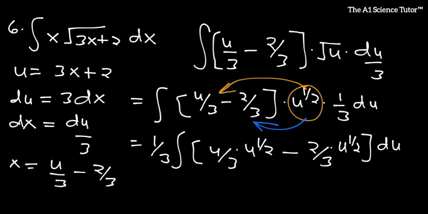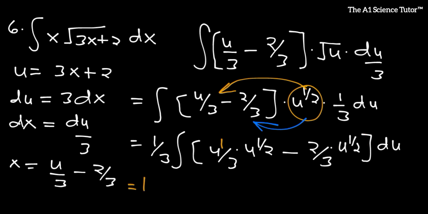Now, if I took this and multiplied it with this, you know that this is actually raised to the power of 1. This is raised to the power of 1. So we would actually have 1 plus half, which gives us 3/2. And over here, I just have a u to the half, so that would typically remain there.